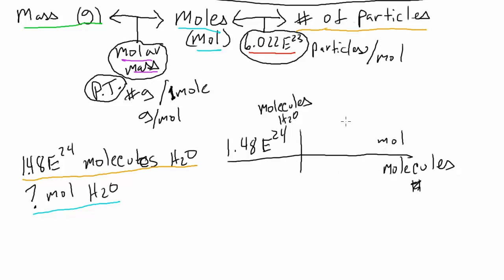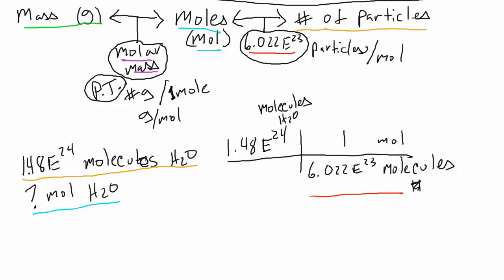All right. So that is Avogadro's number right here that we got to put in a fraction right there. So it's 6.022 e to the 23 particles per mole. So 6.022 e to the 23 is going to go on the bottom this time because molecules are our particle. 6.022 e to the 23 molecules in 1 mole. And since it's on the bottom, we're going to divide.